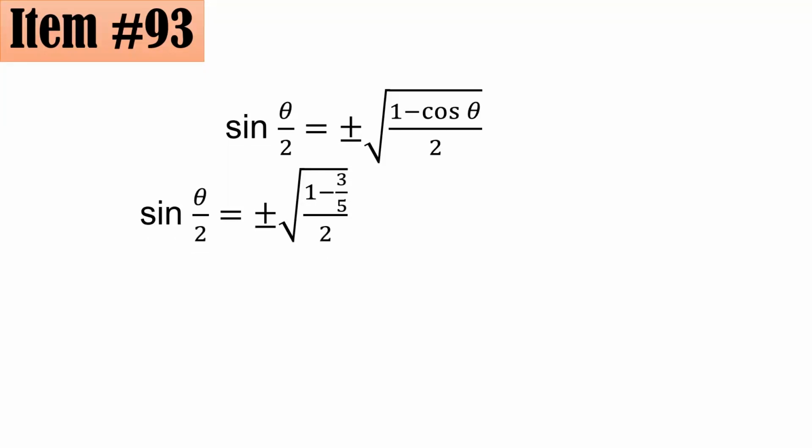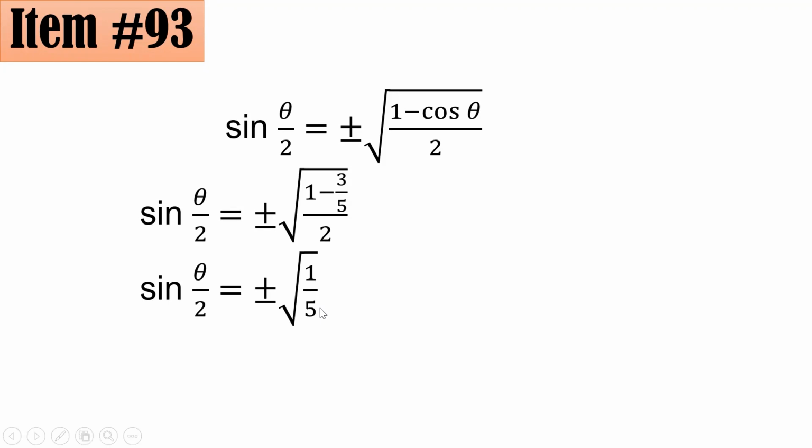Knowing that cosine theta is 3/5, I just replaced this cosine theta by 3/5. So sine theta all over 2 equals plus minus the square root of the quantity 1 minus 3/5 all over 2. So paano to? If you have 1 minus 3/5, that simplifies to 2/5. But 2/5 divided by 2 simplifies to 1/5.